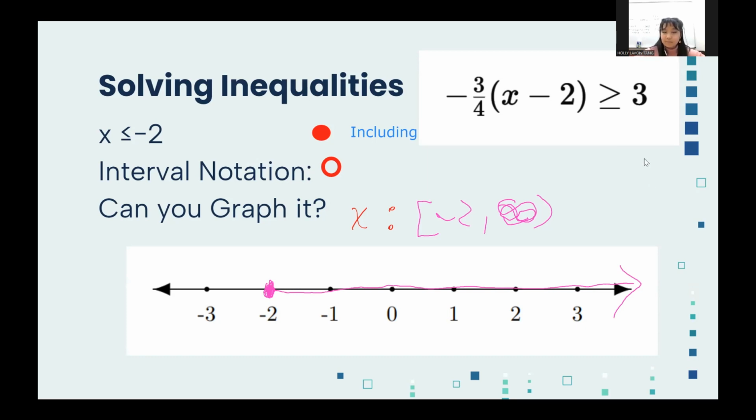I'm still kind of confused how you got -2 from 3 over 2 times negative 4 over 3. Yeah, so let's see. Really quickly, I can go over that. When we had 3 over 2, and we had it multiplied by negative 4 over 3.